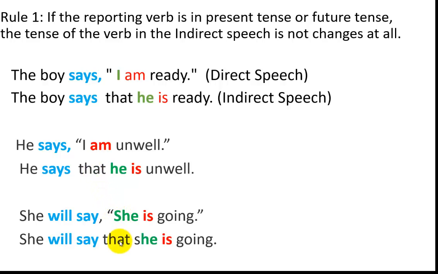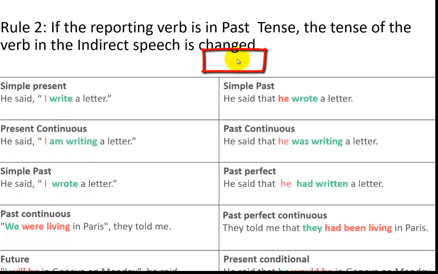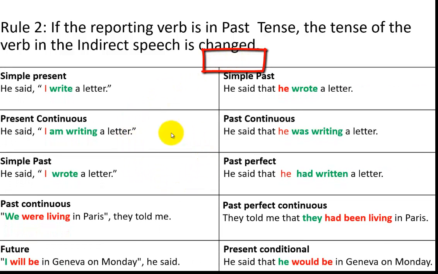Now let's see rule number two. If the reporting verb is in the past tense, the tense of the verb in indirect speech is changed. Now I have some more examples here. In the beginning we wrote "he says."